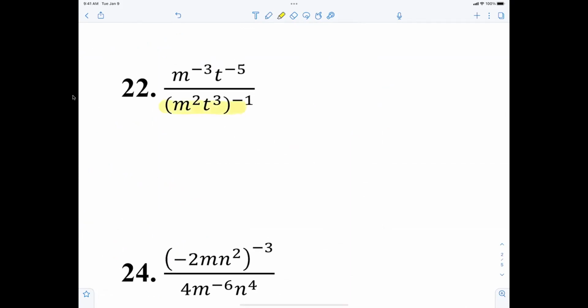Now let's take another quick look at maybe something like number 22. All of this has a negative exponent, so all of that moves up. So that's going to be m squared t cubed to the 1st power. Why is it m squared? Does it have a negative exponent?